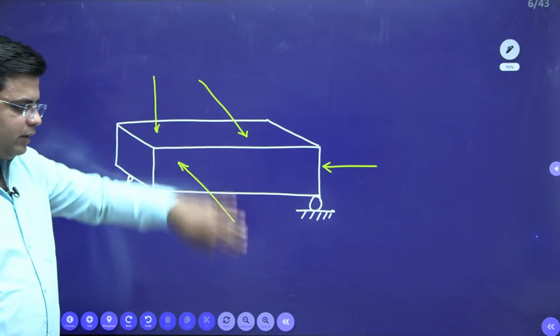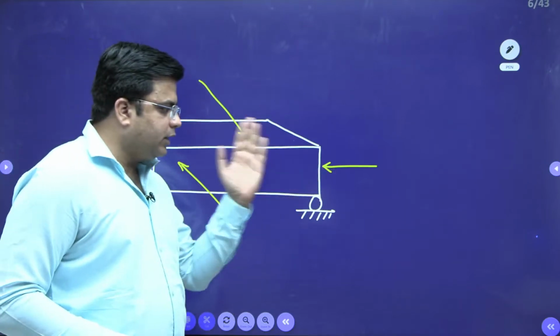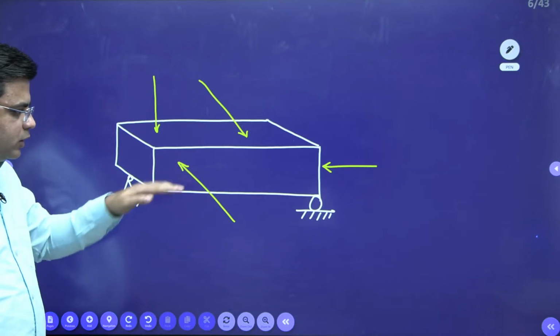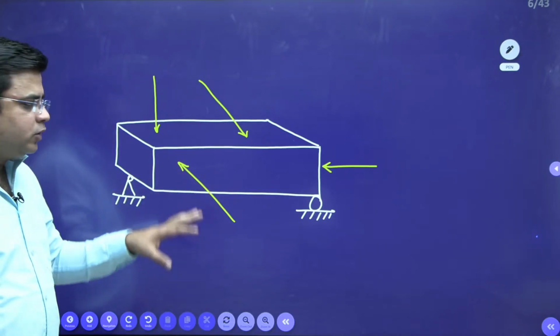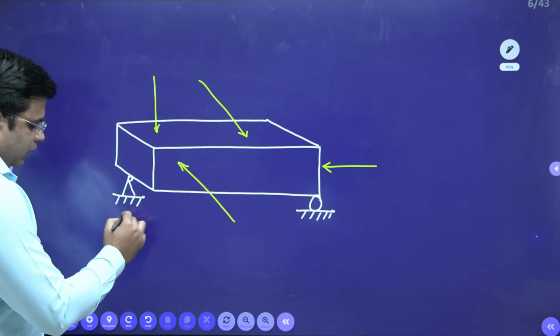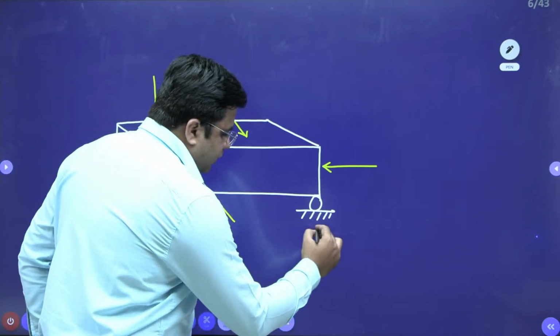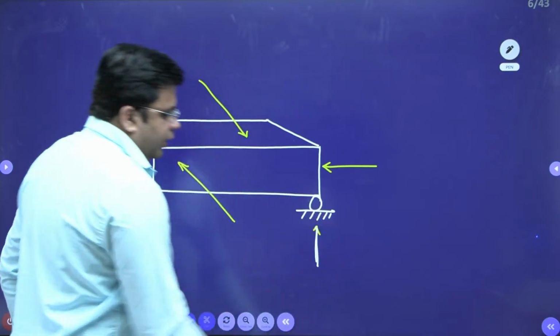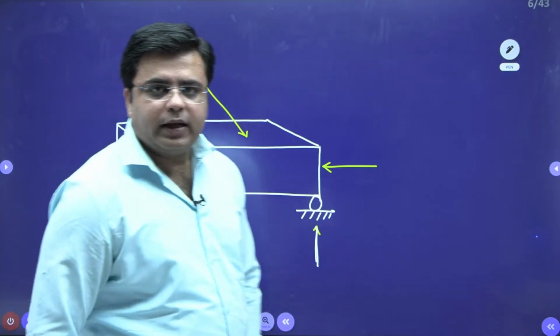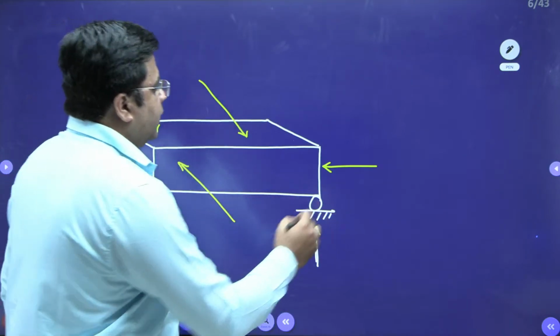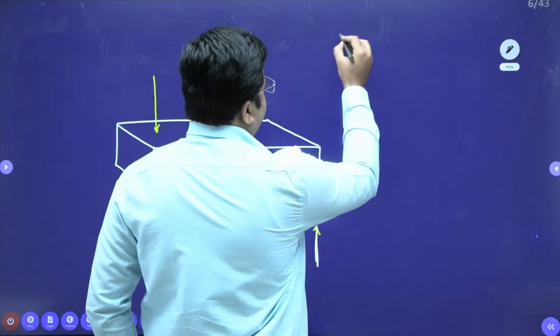This force is in the vertical plane, this force on this side, this again is in the vertical plane, but this force is in the transverse plane, right? So this is just an example. Along with that, you have support reactions like this. So all this comprises a non-coplanar, non-concurrent force system.